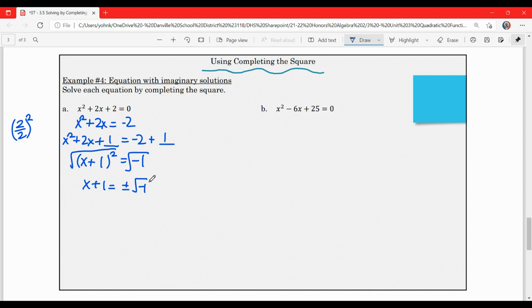Now remember that when you have the square root of negative 1, that's another way of saying i. So x plus 1 equals plus or minus i. Then I can minus 1 from both sides, x equals, and we want to write this as a complex number, which is negative 1 plus or minus i.